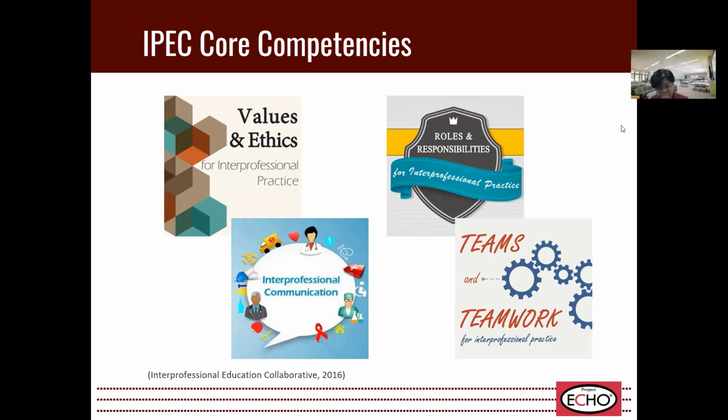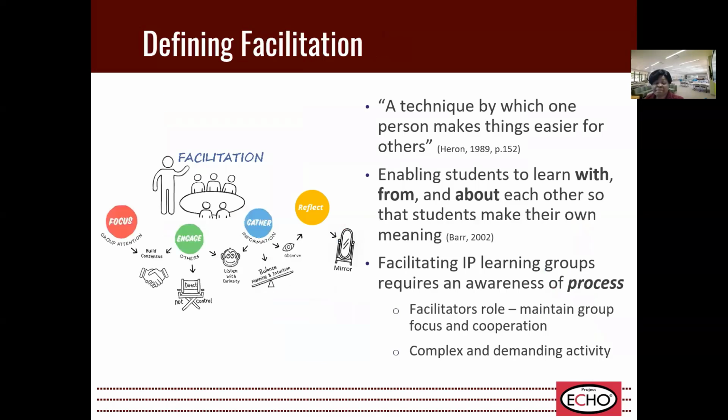And then the teams and teamwork bucket is about applying the principles of relationship building and team dynamics in such a way that it is efficient, effective, safe, timely, and equitable. So those 4 buckets form the 4 competencies of having an interprofessional group. Next slide, please.